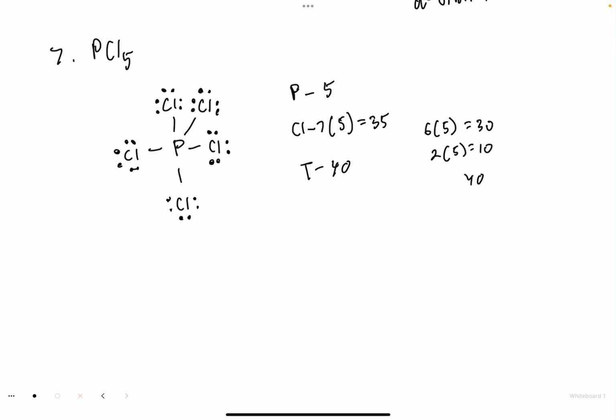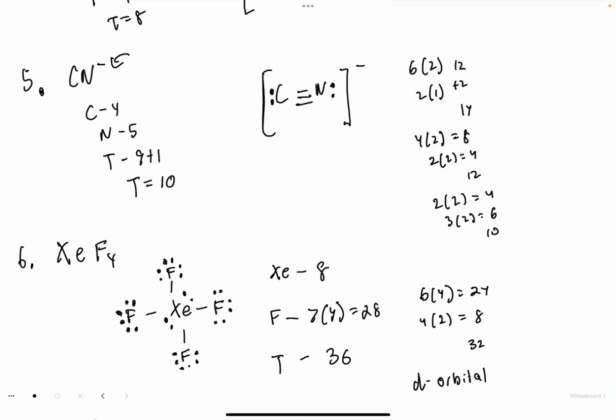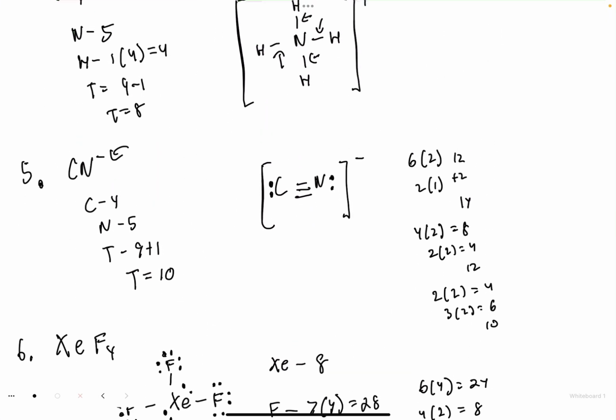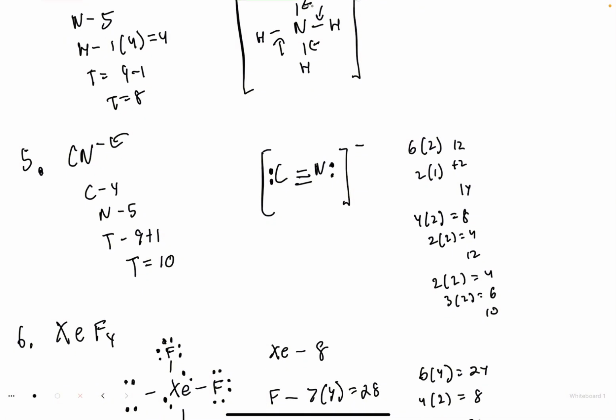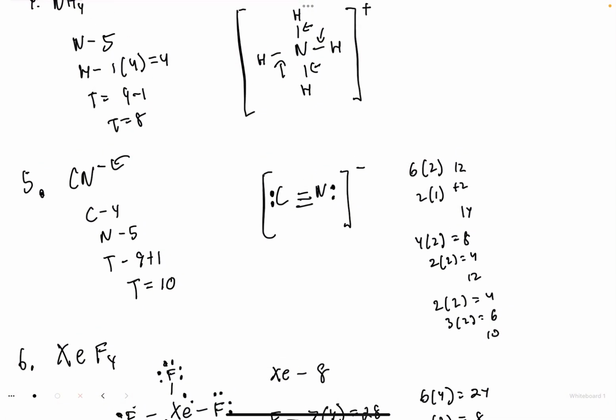So in summary, you basically count how many valence electrons you need in the particular question, and you sort of just map it out. 6 times however many, and if it doesn't work, try adding a single, double, or triple bond, as we did in the cyanide problem. And if you have a charge, you have to account for that.